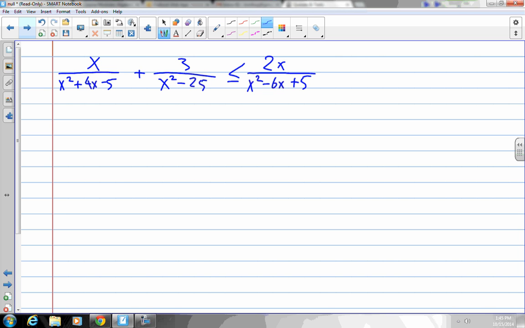And eventually combine all these three fractions into one, because then we'll see all our critical numbers. In order for us to do that, we have to find the least common denominator, right? And in order for us to find a true least common denominator, we really have to factor everything. Otherwise, you're going to end up with a 6-degree polynomial, and the denominator is going to be a nightmare. Let's factor everything. It's going to be a lot smaller. So, as we move through that, how do you factor the first one?